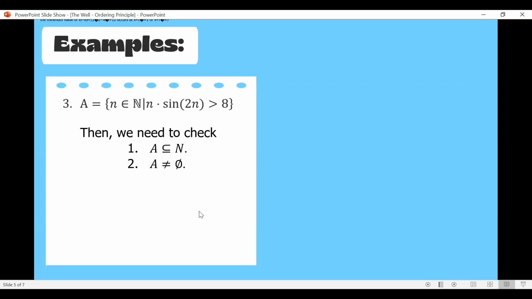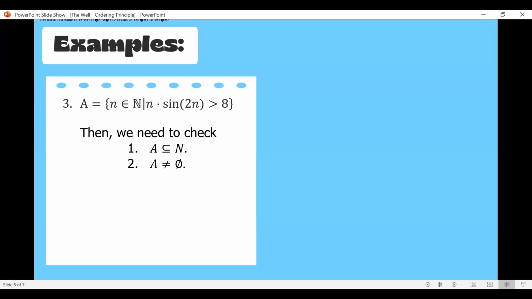The second condition we need to satisfy is to justify that set A is not empty. Let's see how we're going to do that. Of course, you may solve the inequality and then substitute the value of n to check if the resulting elements are really greater than 8.